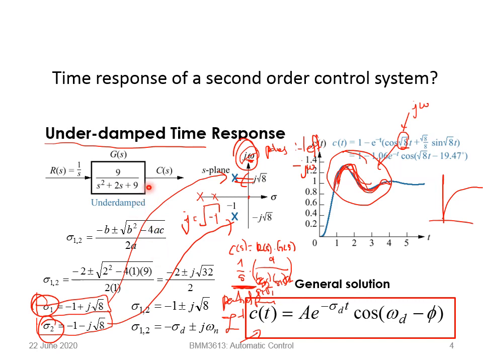If you have a transfer function that has poles that can be written in this form, minus sigma d plus or minus j omega n, you can directly write your time response as in this equation, the general solution in this red rectangle.